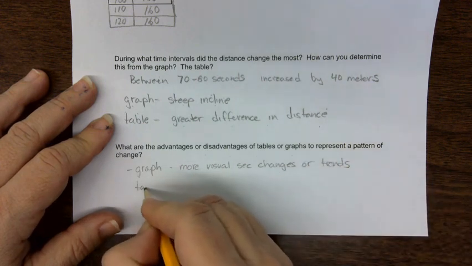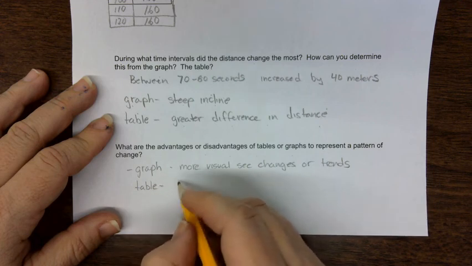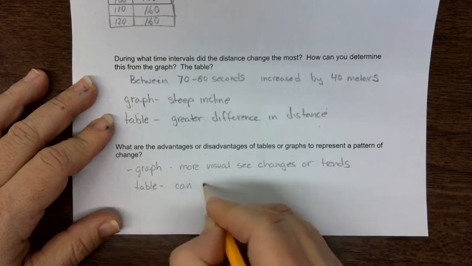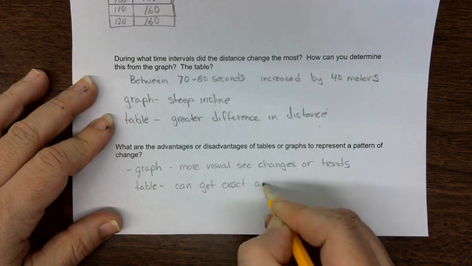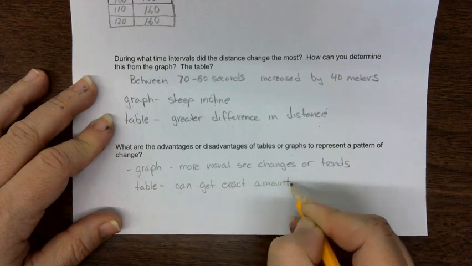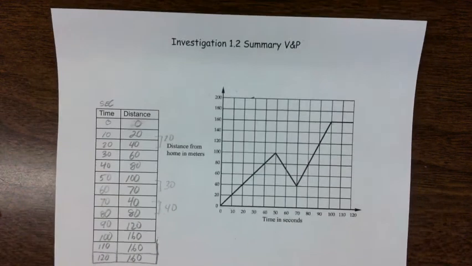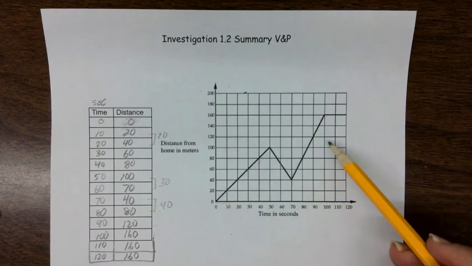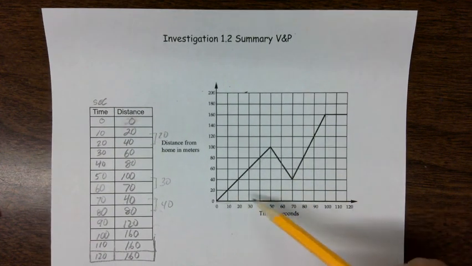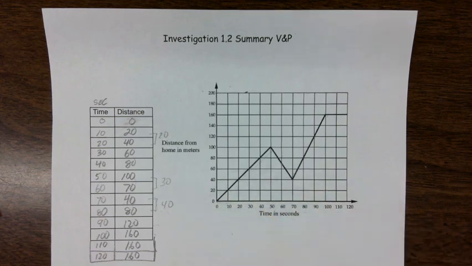A table is you can get the exact amount. You're not guessing. So in this investigation, we looked at how the lines tell a story, and then we went from graph to table in this case.